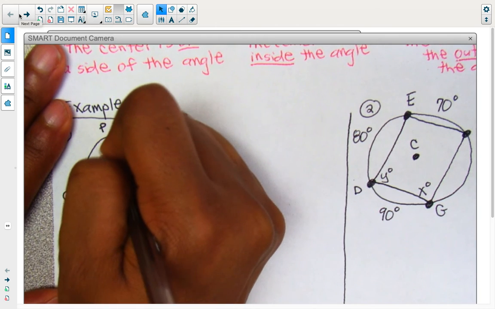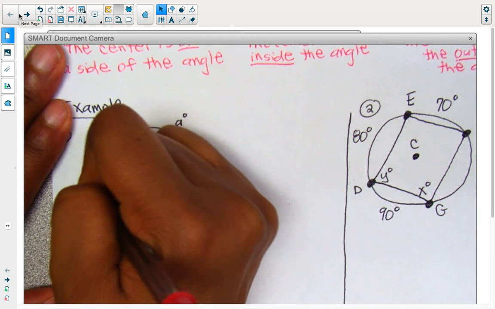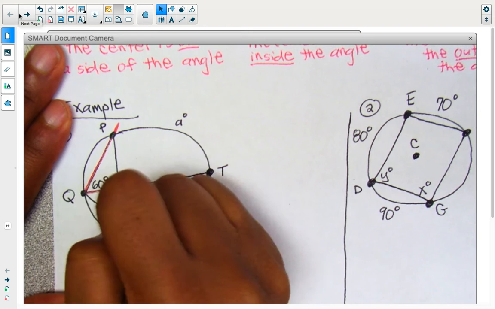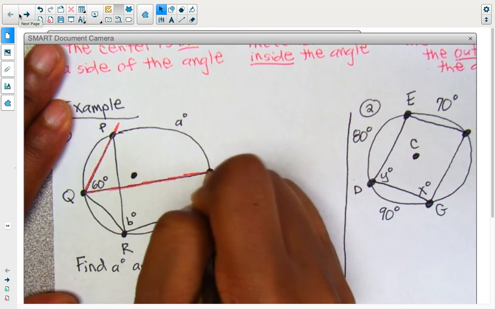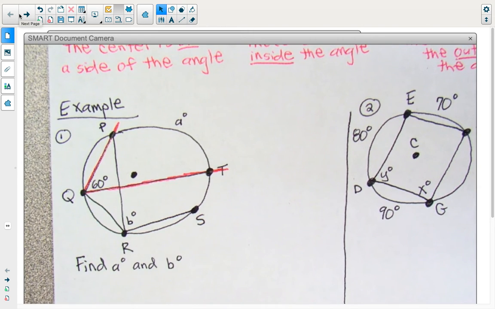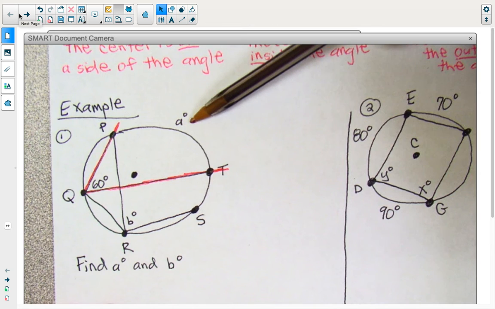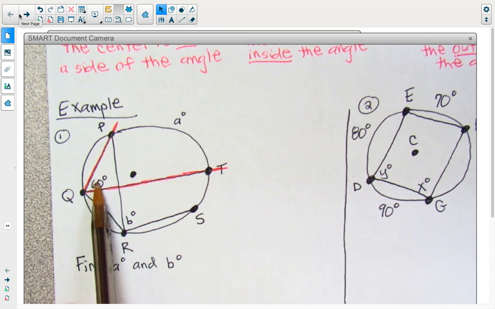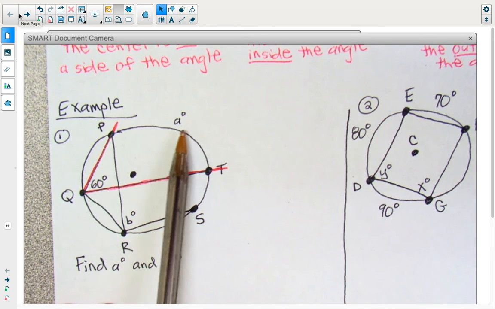Here, I'm going to color this with some red, and this with some red. So that is an inscribed angle. Based on the formula, the inscribed angle is half the measure of the arc. So I know that this is 60. I don't know what this is, but my formula says that this number here is half of this number.